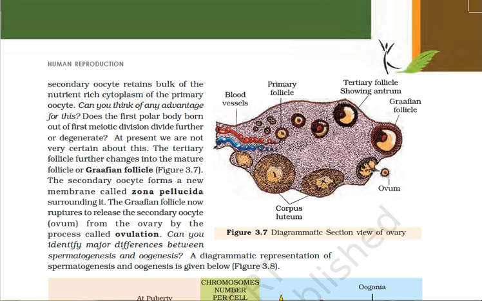I would like to repeat it again. During this phase, one of the oogonium of the egg nest gets differentiated and the remaining oogonia change into surrounding nutritive follicular epithelium.